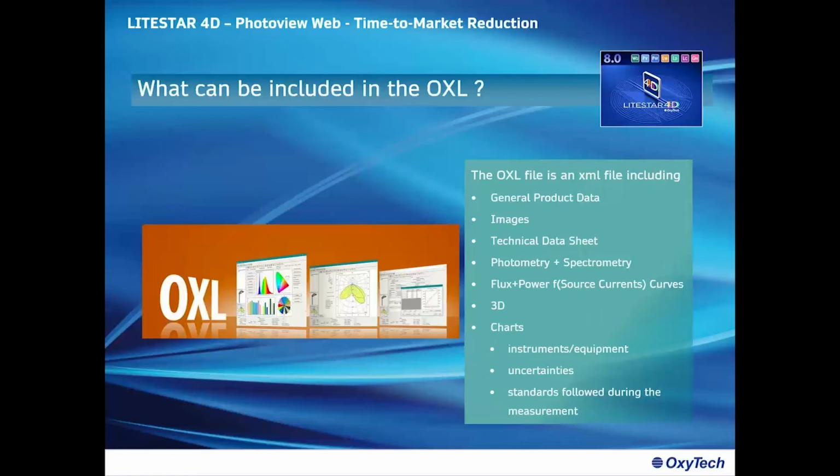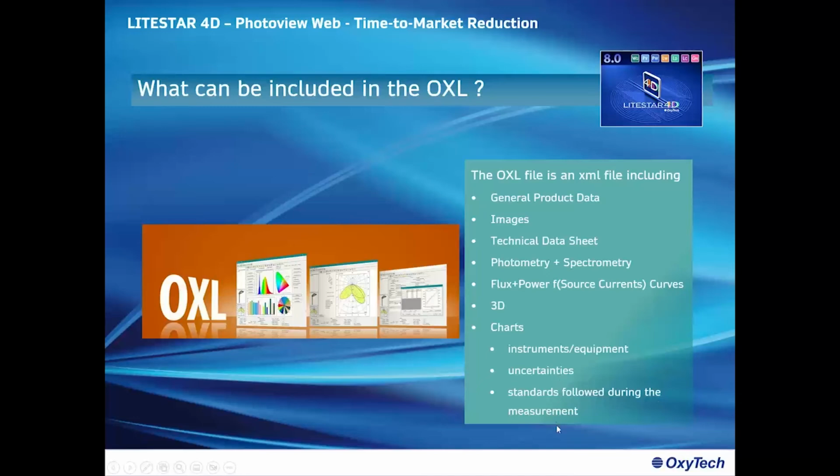So just to give you an idea of what the OXL file is capable of including: general product data, images, technical data sheet, photometry and spectrometry, flux and power in function of source currents curves, the 3D of a luminaire, where we can connect directly the photometry, charts, instruments, equipment, uncertainties, and the standard followed during the measurement.